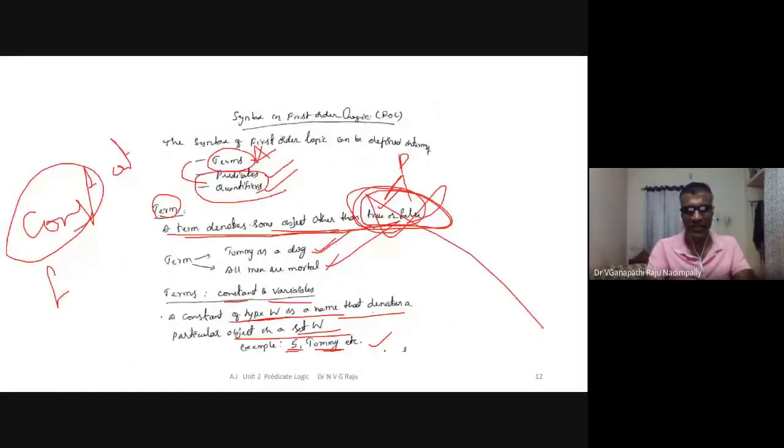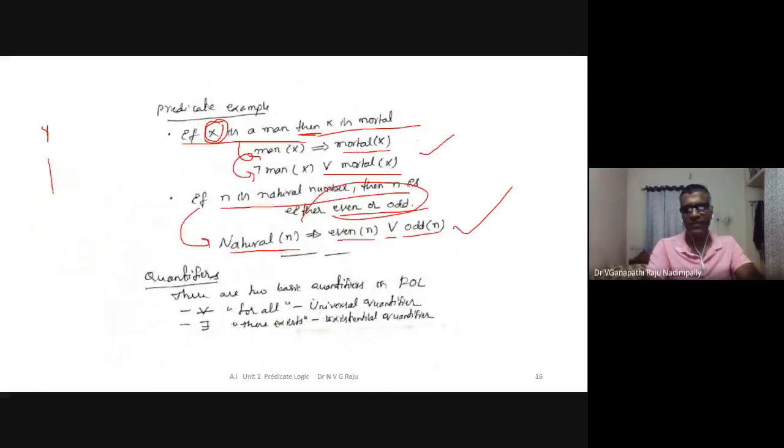Very important thing: there are two quantifiers supported by first order logic. FOL stands for first order logic, please. Then we have two symbols. The first one is for all. If you want to represent it for all, that is a universal quantifier. That means if all the elements are true, please understand carefully.